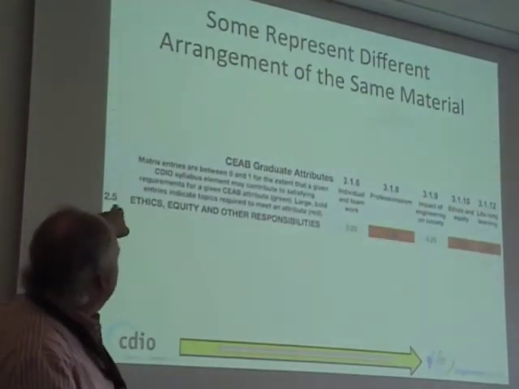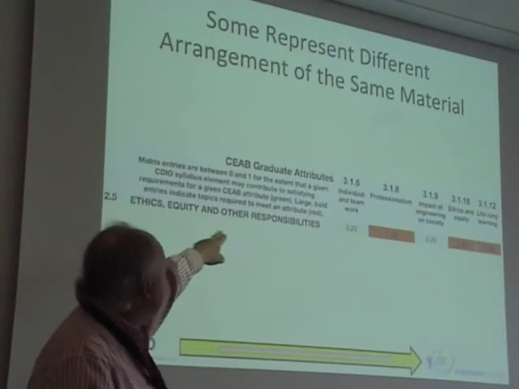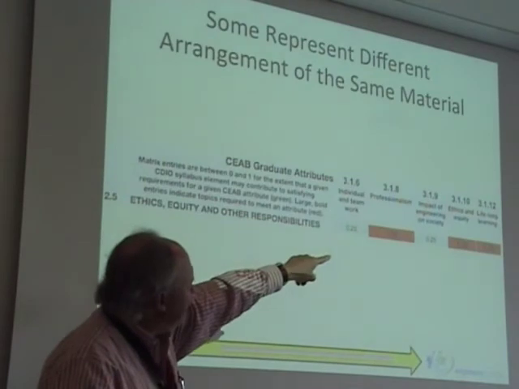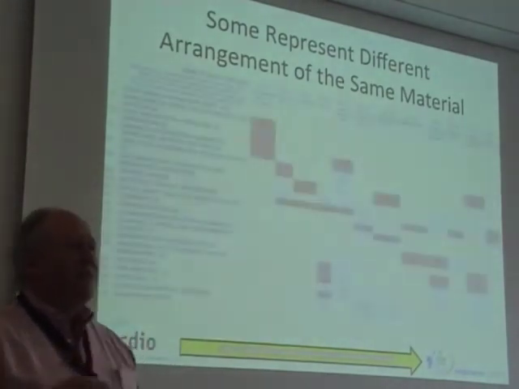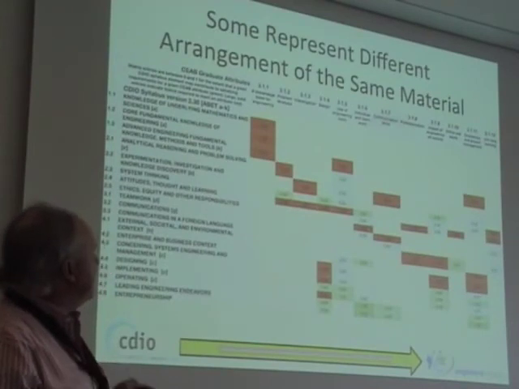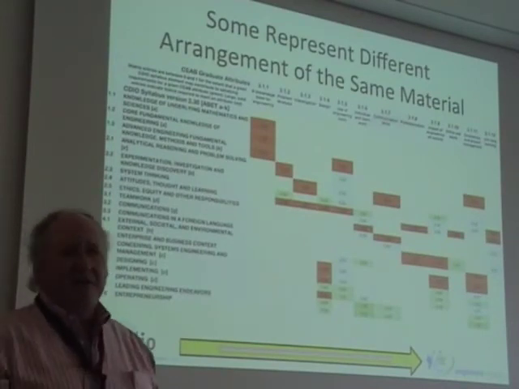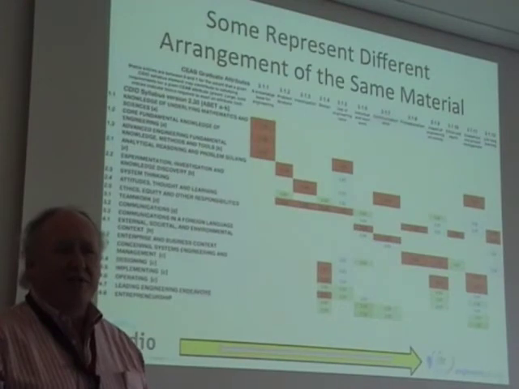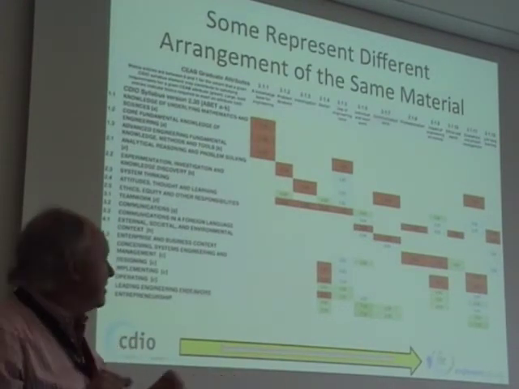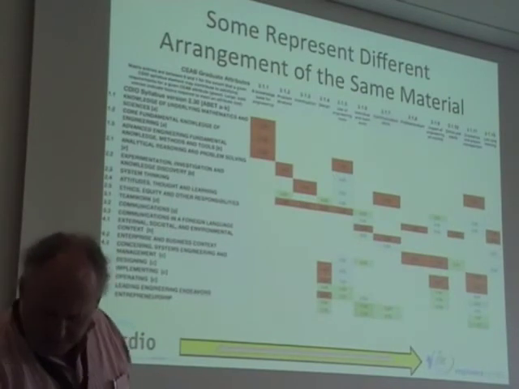On the other hand, we've grouped ethics, equity, and other responsibilities together into one particular line, and in CEAB, that's spread out over a wider variety of graduate attributes. So it's not that there's different stuff in CEAB and CDIO so much as we've just spread them out in different ways. The topics are very similar.